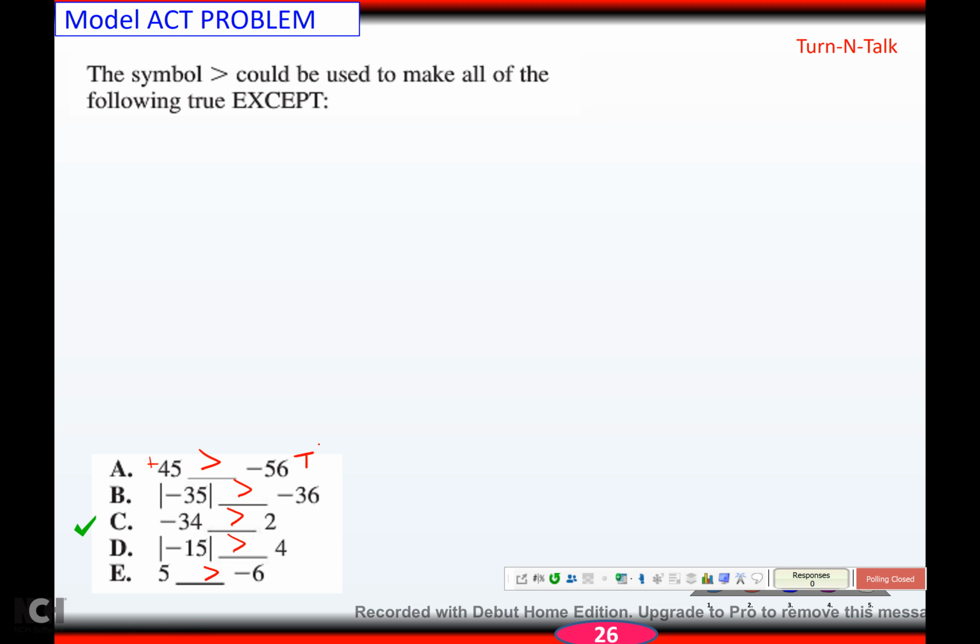Yes, that's true. The absolute value of negative 35 is 35, which is positive, which is bigger than a negative, so that's true. A negative is never bigger than a positive, so that's false. This would have to point this way. Absolute value negative 15 is 15, which is bigger than 4, and obviously a positive is bigger than a negative, so the false one is C.